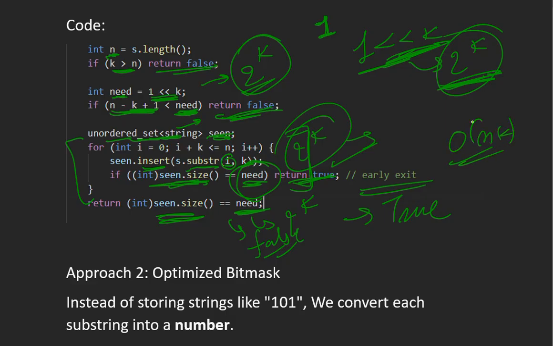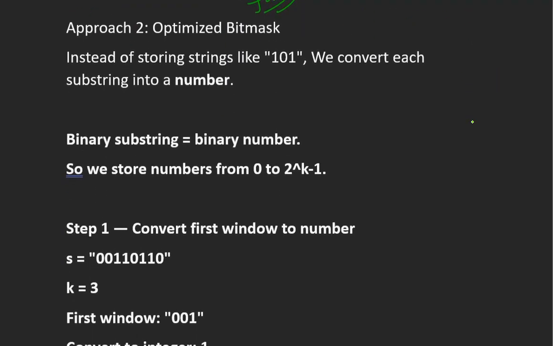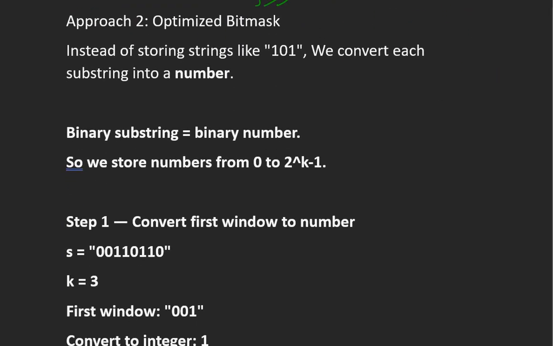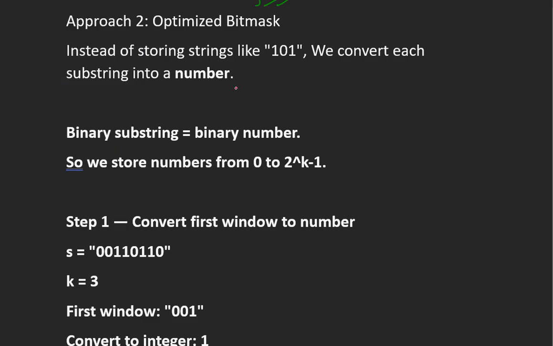So let's optimize this. In approach 2, which is the optimized approach of the previous one, in the previous approach we were storing strings in the set. In this approach, instead of storing strings, we convert each substring into a number.